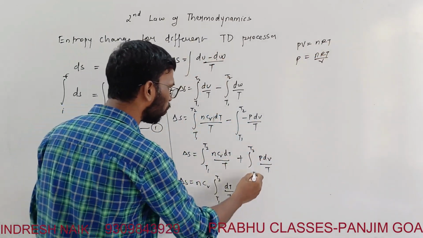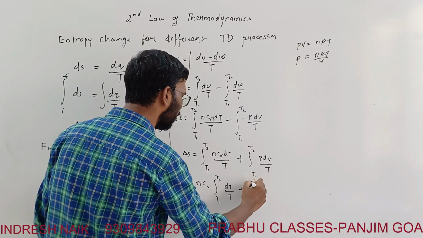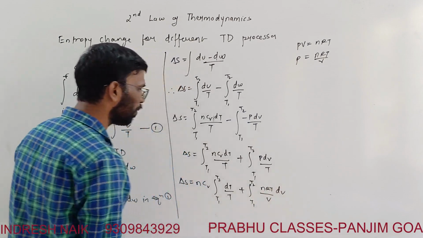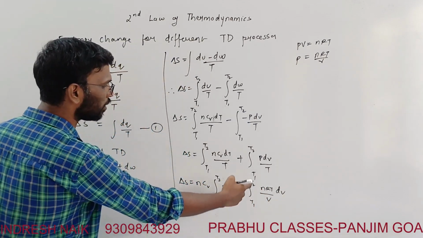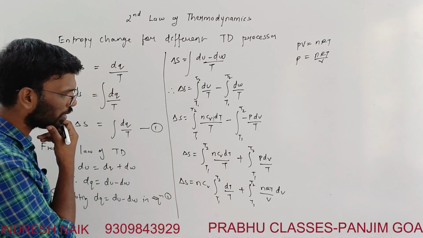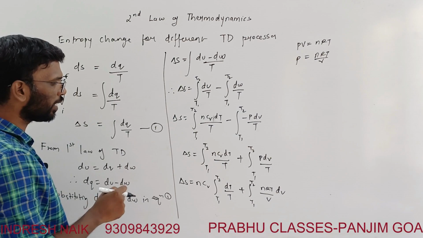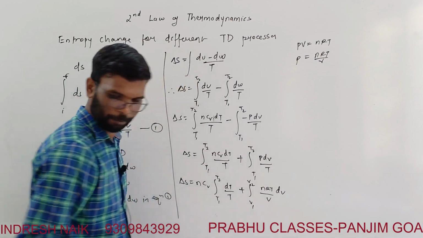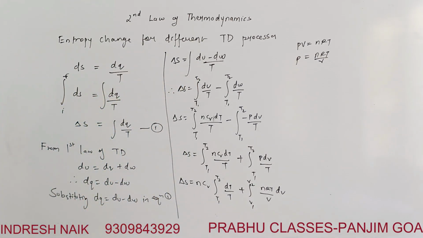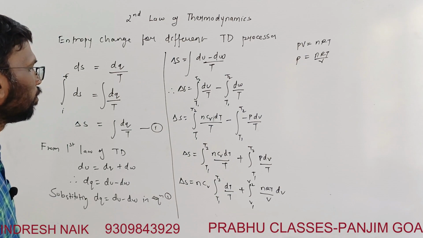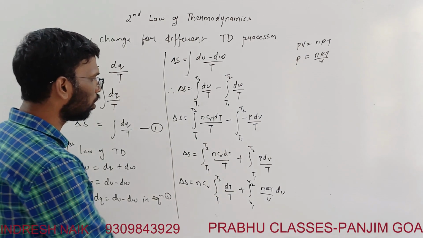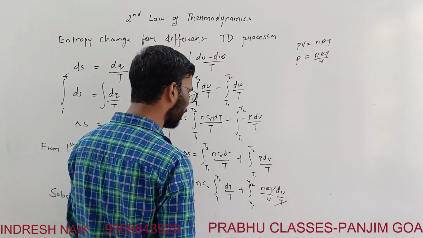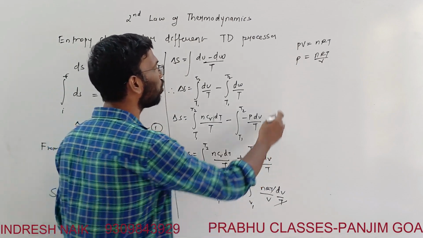So I substitute over here the integral of nRT by V dV. n is constant, R is constant, and the temperature over here is going to remain constant. What is changing? Volume. So this will change to V initial to V final. The other component is going to change to V initial to V final. So here this temperature is also there, no? This and this are going to get cancelled, and we are integrating it with respect to V.